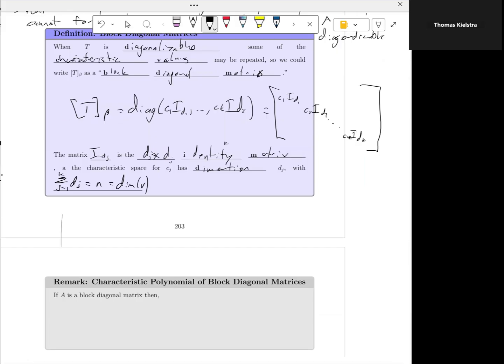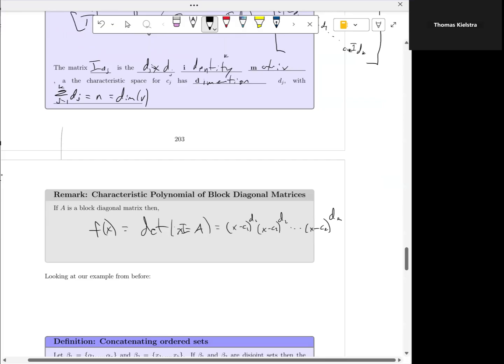If A is a block diagonal matrix, then f of x equals the determinant of xI minus A, which equals, multiplying these x minus c_i's d1 times, then x minus c2 d2 times. So we get x minus c1 to the d1 times x minus c2 to the d2, all the way to x minus ck to the dk.